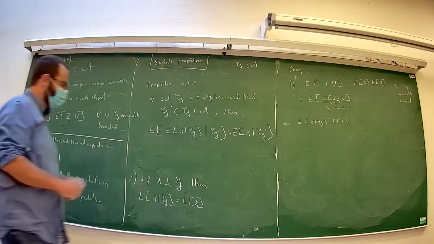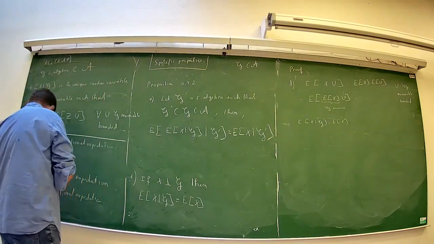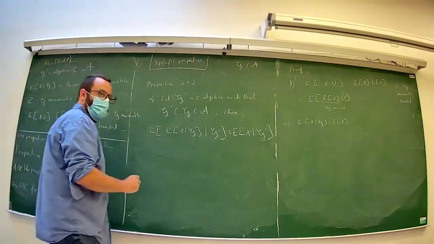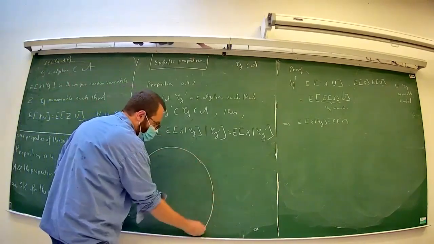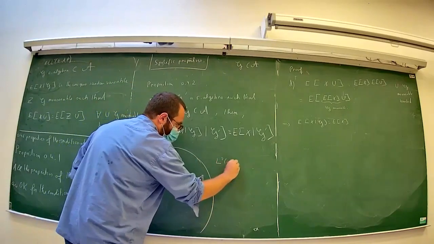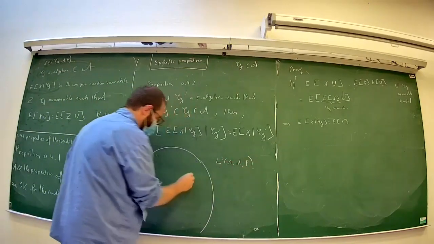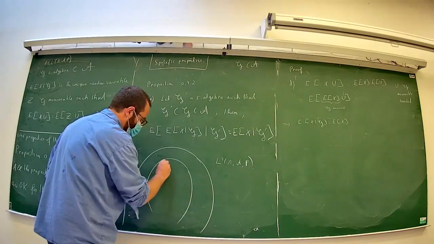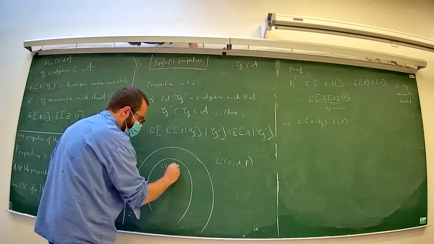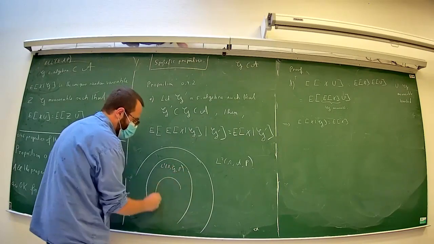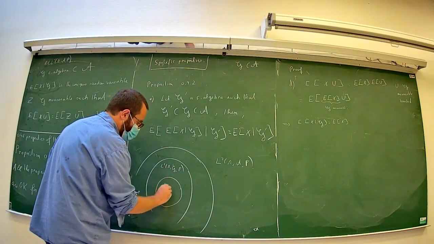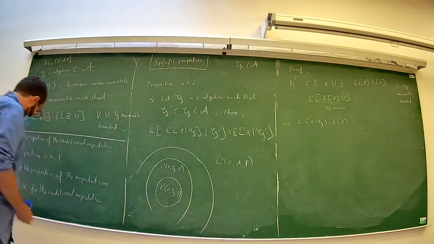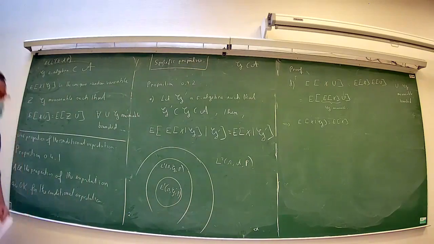Maybe let's do a little picture. If I take the interpretation in terms of projection, you have here L2 of omega, A, P. You have here, let's say, L2 of omega, G, P. And inside here, L2 of omega, G prime, P. The meaning of this relation is the following.